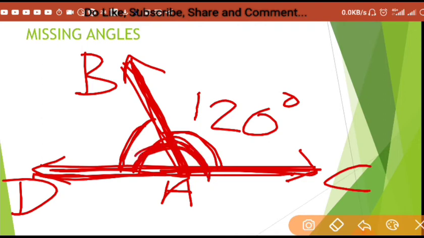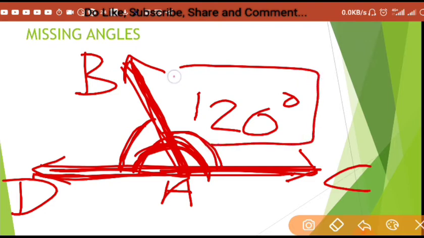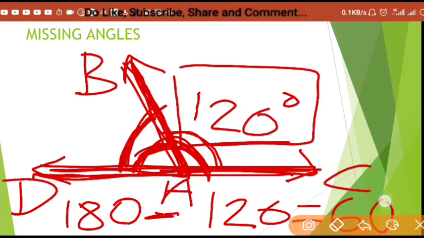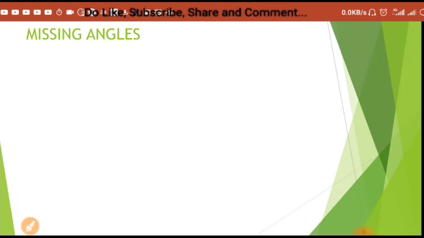Total means 180. The first part is 120, then the second part will be 180 minus 120, which you can calculate in your notebook, that is 60 degrees. The answer here is 60 degrees. It's very easy, you don't need to calculate much. In the same way, we will have some questions about this.